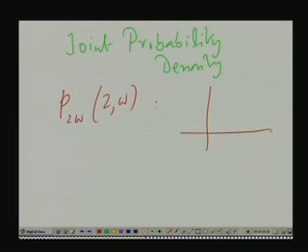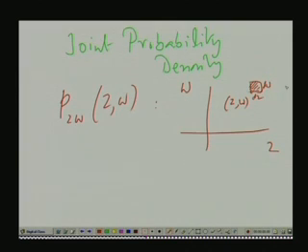In the ZW plane, there is a point capital Z, capital W. Around that there will be a small area. So, the probability of Z comma W falling in this area will be equal to this function P_ZW of Z comma W times dz dw. This is dz, this side is dw. So, dz dw.